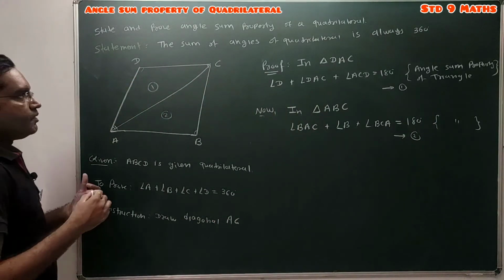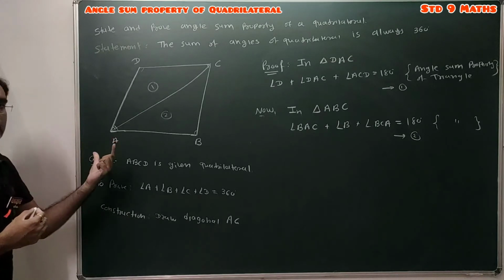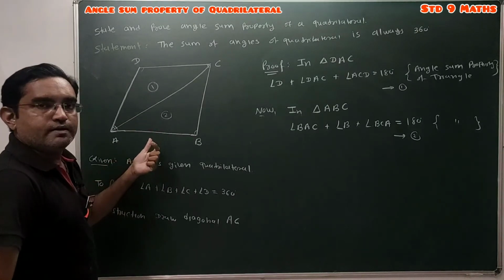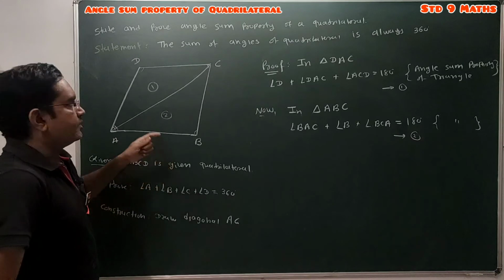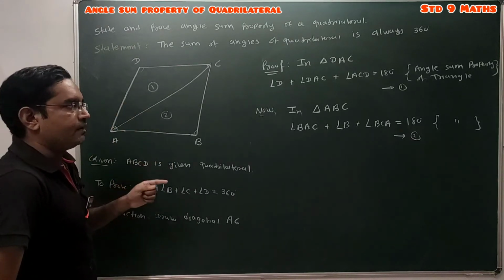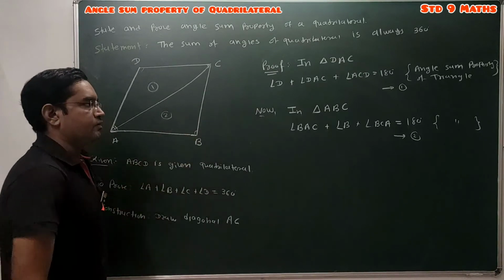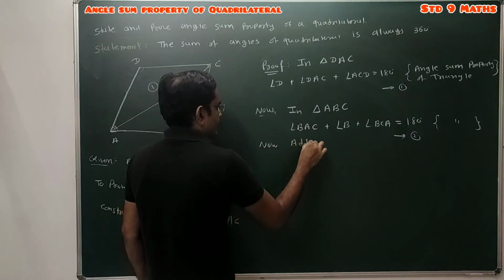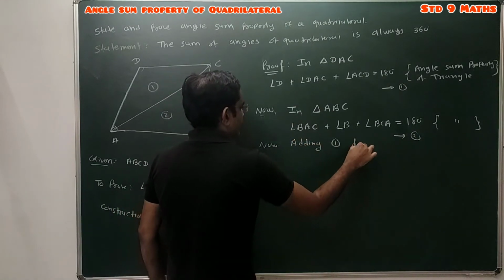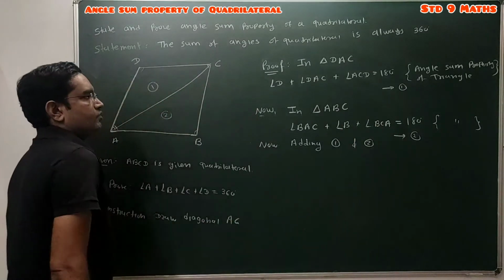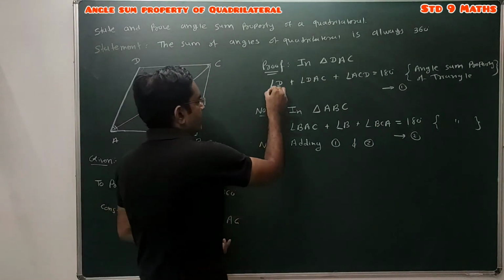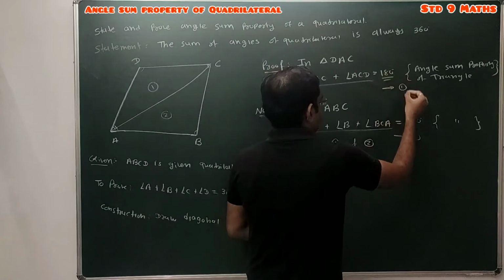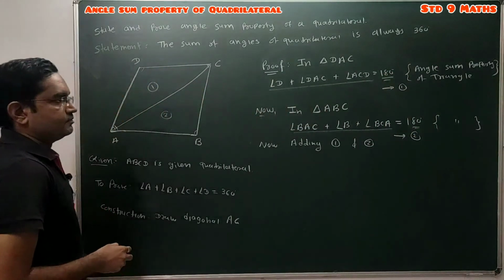Done. So to prove angle sum property of the quadrilateral, we have to consider one diagonal. The diagonal will divide our quadrilateral into two triangles, and then we have to apply angle sum property of triangle separately for both the triangles, and then consider the addition of these two results. So now third step, adding result 1 and result 2. For the left hand side, we have the addition of these three angles with these three angles, and on the right hand side it's 180 plus 180, that will be equal to 360 degree.